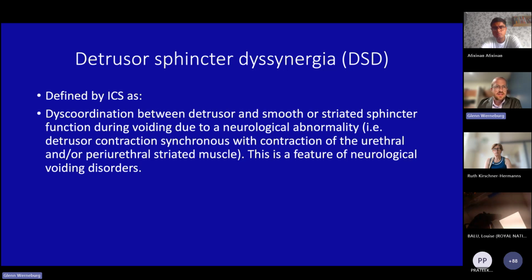This is DSD: discoordination between detrusor and smooth or striated sphincter function during voiding due to a neurological abnormality. That is, detrusor contraction synchronous with contraction of the urethral and/or periurethral striated muscle. This is a feature of neurological voiding disorders.